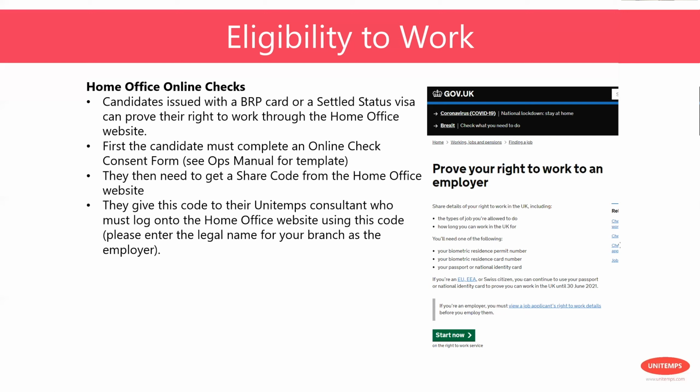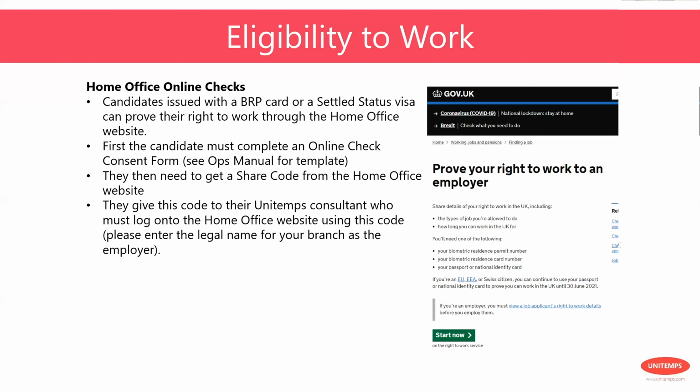When you log on, you have to say who you are as the employer. Enter the legal name for your branch into that, because as it's an official thing, we should be referring to the legal name for the Uniteps branch.